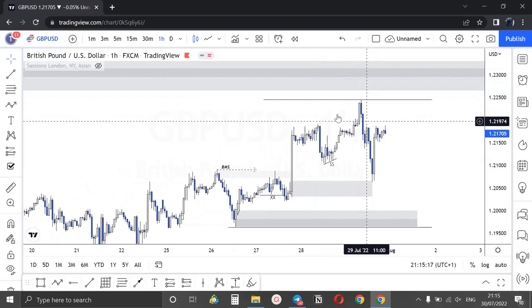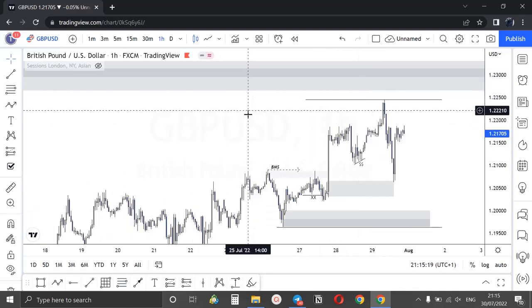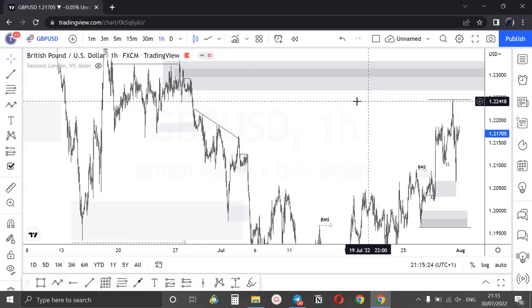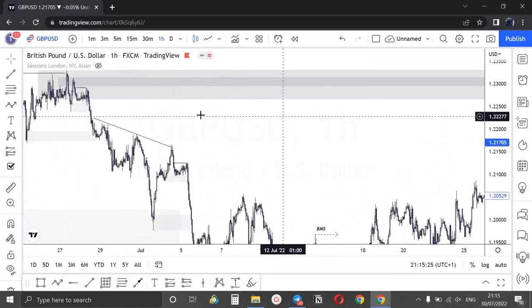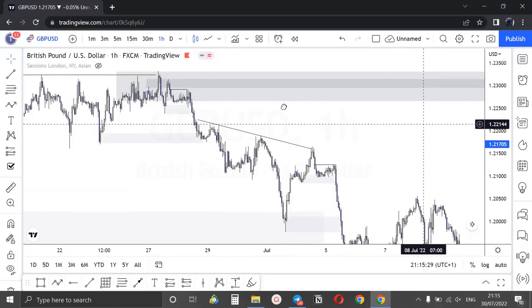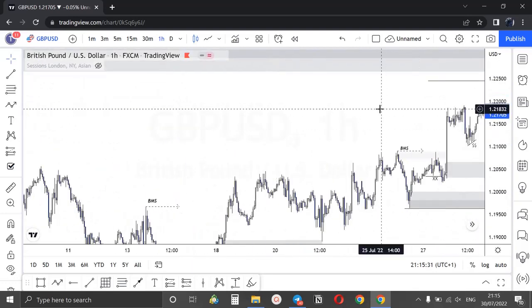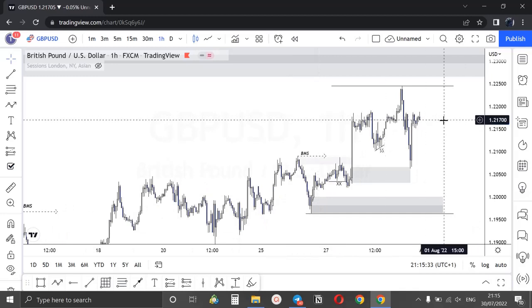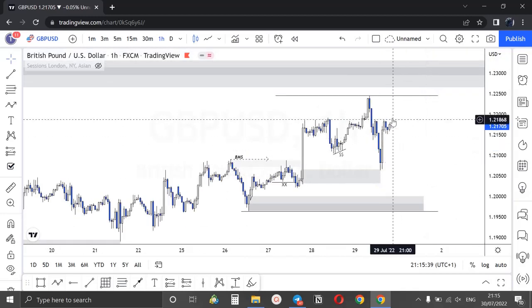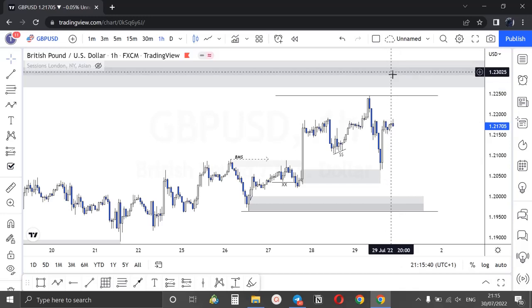Sometimes they can just come back, respect some very key level area right here and start selling down. But for me, price is still bullish on the 1 hour time frame, and I'm still expecting price to push up to my supply zone right here.